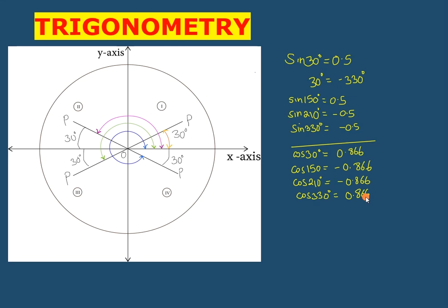So all angles which bear the same inclination to the horizontal have related ratios. Now, if I have some other angle other than 30, it is the same thing.